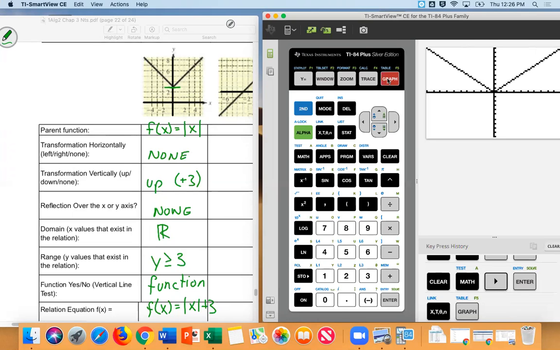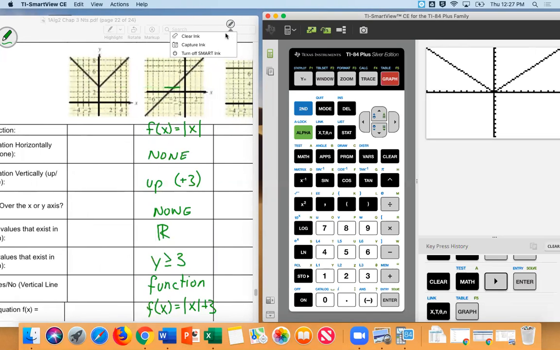Outside those bars, up or down. Inside the square root symbol, left or right. Outside the square root symbol, up or down. The squaring, right? Imagine parentheses and then the square outside. Inside those parentheses for the square, left or right. Outside, up or down. It's going to be the same thing over and over again.